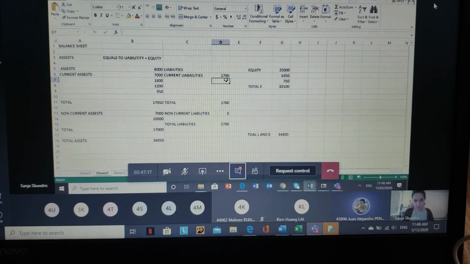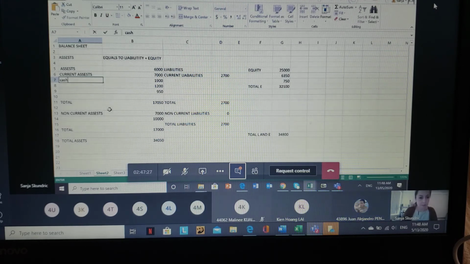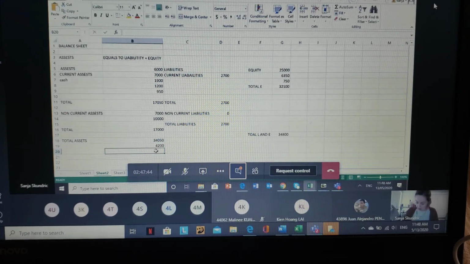Okay, so sorry, what was it? So current assets and cash amount where? So say you would have your current assets and you would have cash under here. So we've been putting all of our figures. Initially what we had was 34,000. Now we're saying we still, because we received more money from the customer, so we got 4,200 and 8,200.